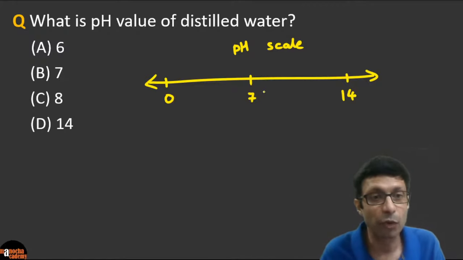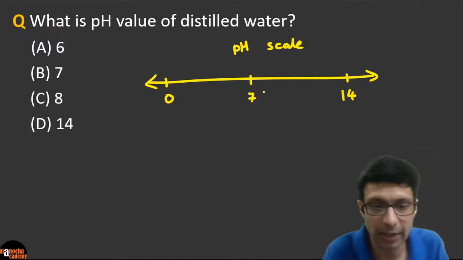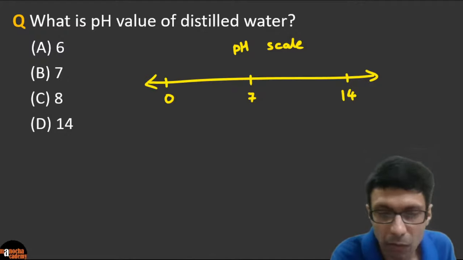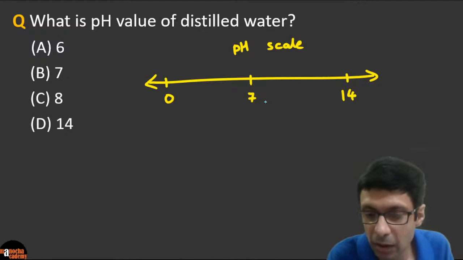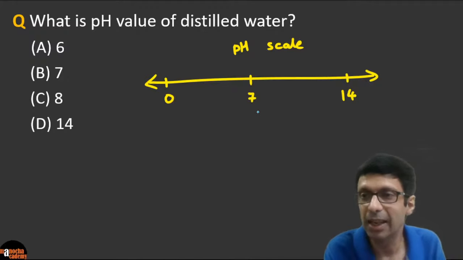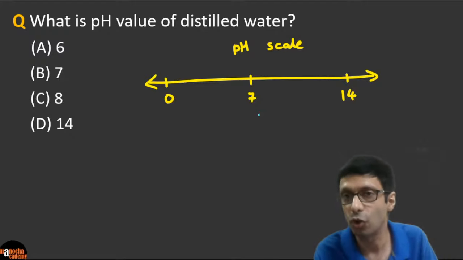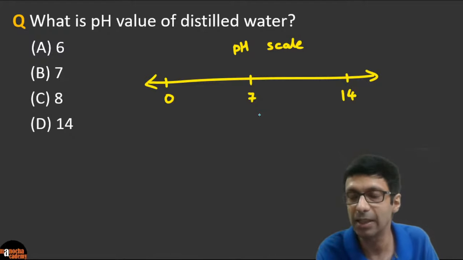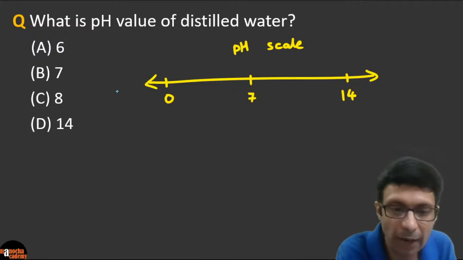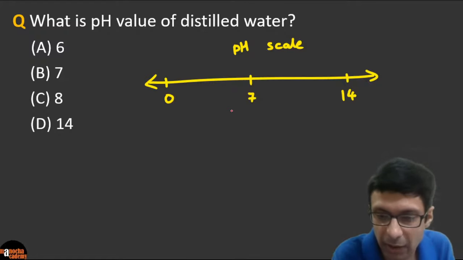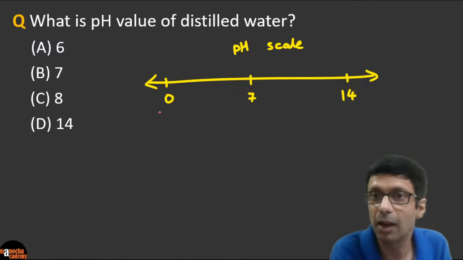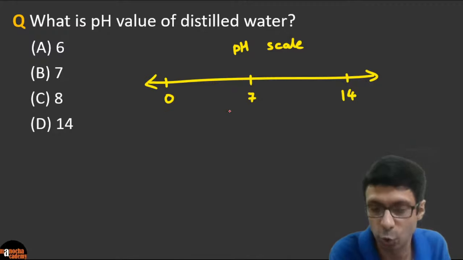Okay, some of you are saying 6, some of you are saying 7. So let's get this clear. The pH scale is a scale which is basically telling you how strongly acidic or strongly basic or weakly acidic or weakly basic a solution is, based on the pH value, right? So if you have something which is very acidic, that means the numbers near 0, 1, 2, right?